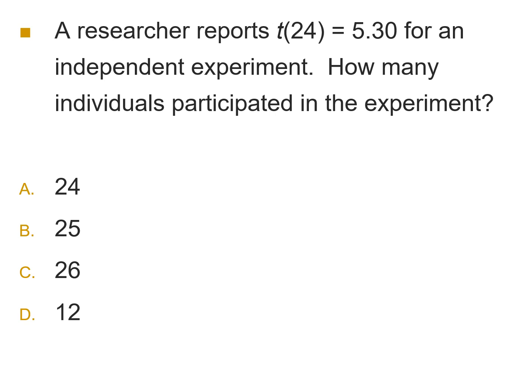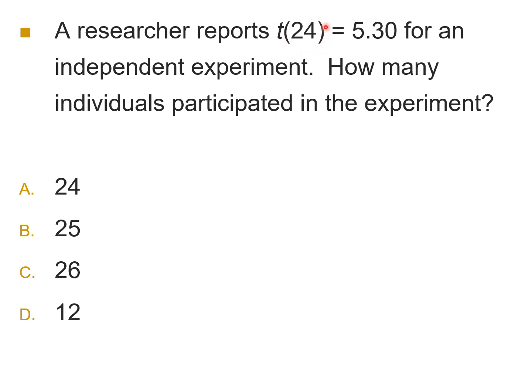Okay, so a researcher reports t of 24. And here's our t-statistic. How many individuals participated? Well, we know our sample 1 had degrees of freedom equals n minus 1. Sample 2 had degrees of freedom equals n minus 1. So basically, this 24 is n minus 1 plus n minus 1.